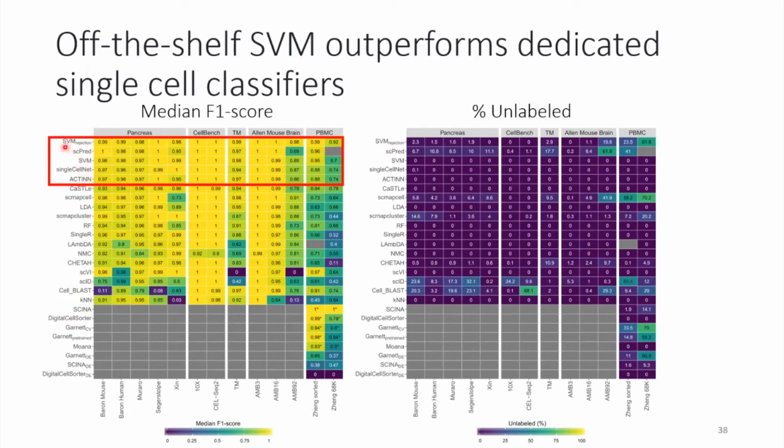What you also see is that SVM rejection and SVM, these are just scikit-learn classifiers that have nothing to do with single cell. They are doing remarkably well compared to other classifiers. So again, back to my point about generalization, the more you tweak the classifier, the more complex you make the classifier, the less well it will generalize to a large set of data sets.